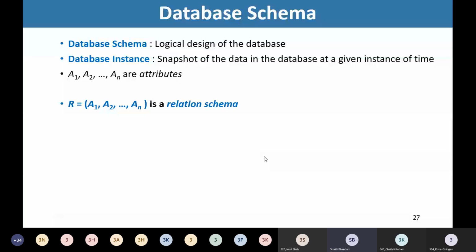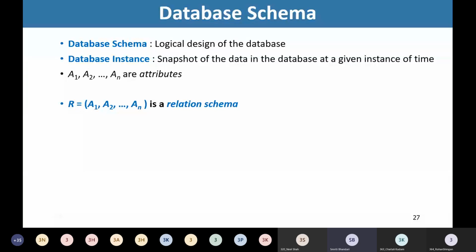As we know, the database is a collection of various relations, and these relations are defined over some relation schema. In the relational database model, capital R denotes a relation schema, and this capital R comprises the attributes A1, A2 up to An. So these attributes are describing a relation schema.